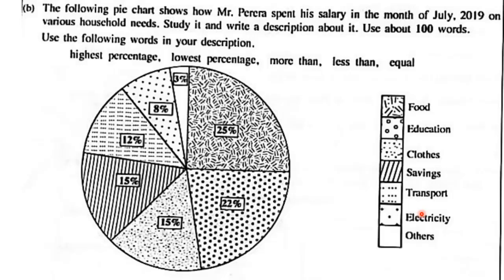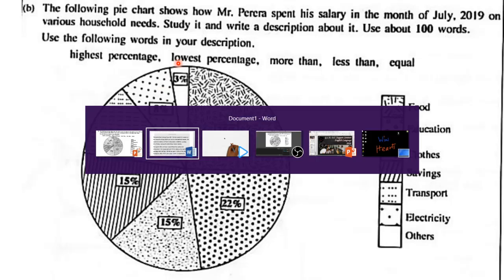Okay. Now look at the last one, only 3%, right? So I am going to use one of these words here. This is how you will ideally write. Okay, so this is the lowest percentage, right? So I will say the lowest percentage of his salary was spent on other minor needs. I'm going to write that.